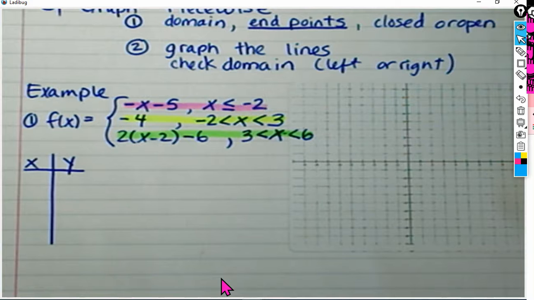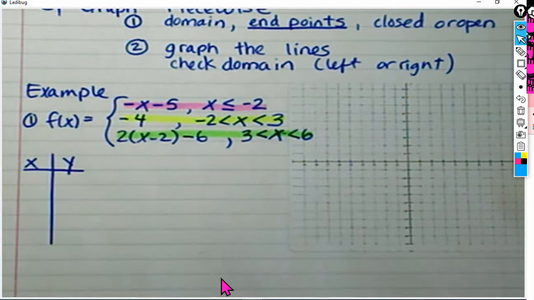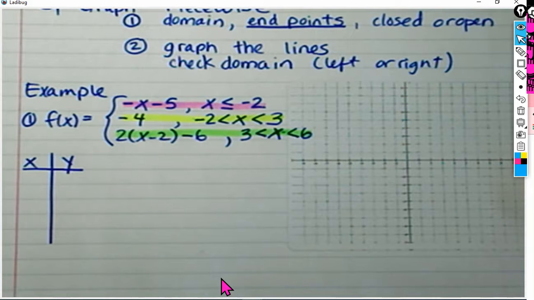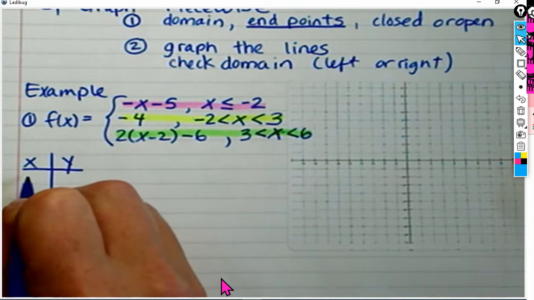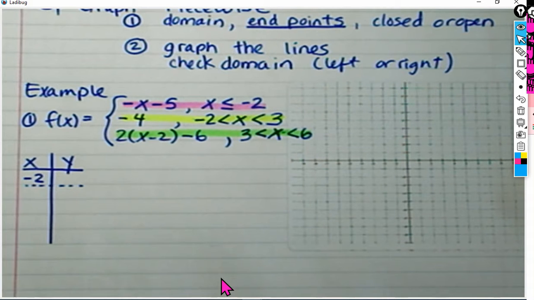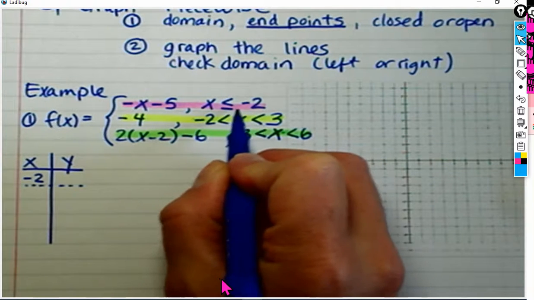However, I have 3 pieces. And so I'm looking at the domain for the endpoints. Negative 2, negative 2, 3, 3, 6. I need endpoints for all of these segments. So I'm going to put negative 2, dot, dot, dot, because I'd like to divide up the sections. And negative 2, see how it's included?